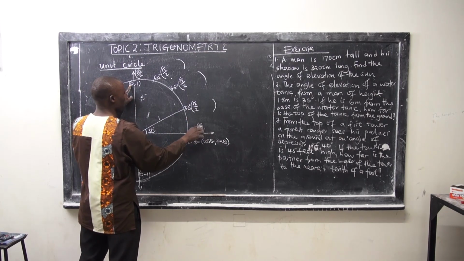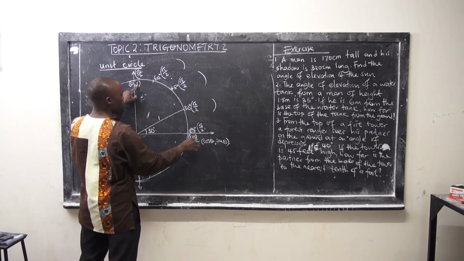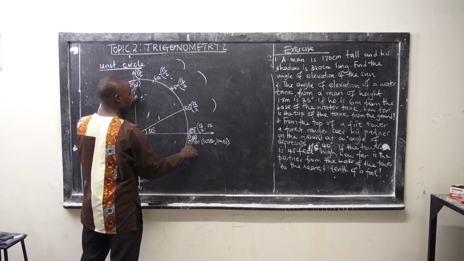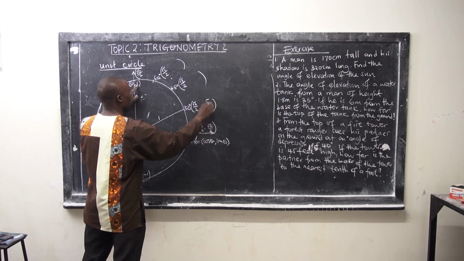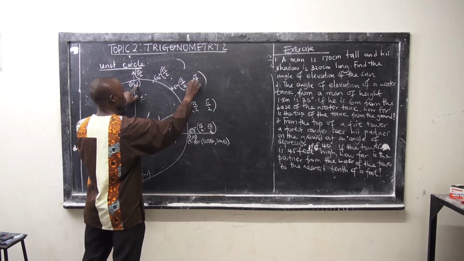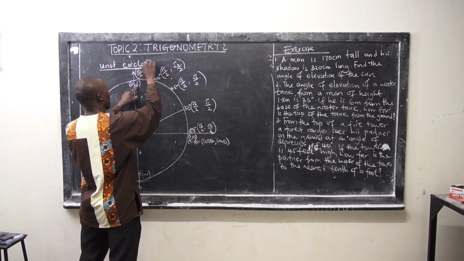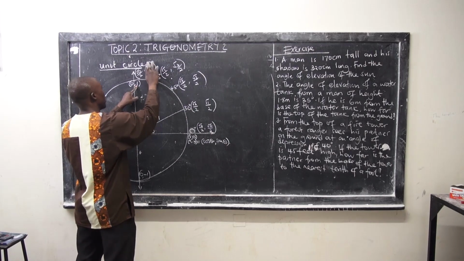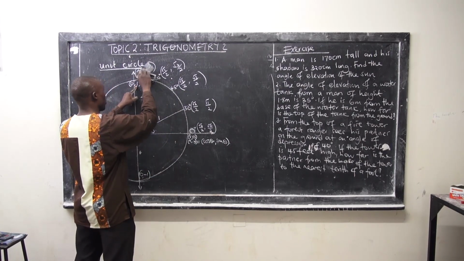So we can now build from 0 this way: root 0 out of 2, root 1 out of 2, root 2 out of 2, root 3 out of 2, then root 4 out of 2. Root 4 out of 2 is actually 1, and root 0 out of 2 is actually 0.